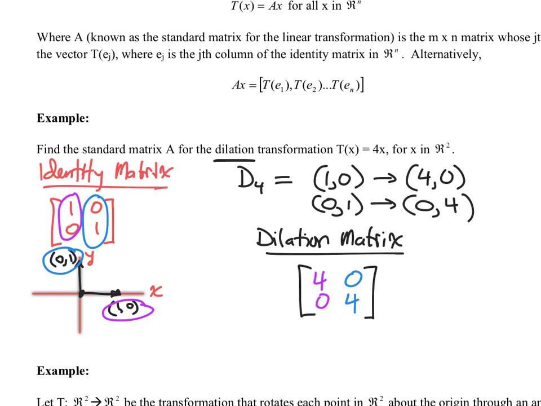So what that tells me is if I had a vector, so I'll just throw a quick example here. Dilate vector 2, 1 using matrix above.